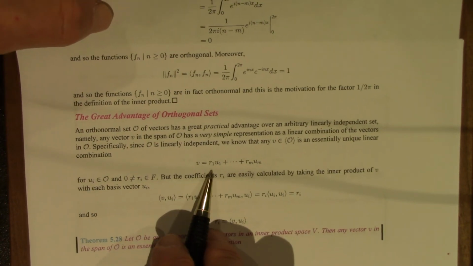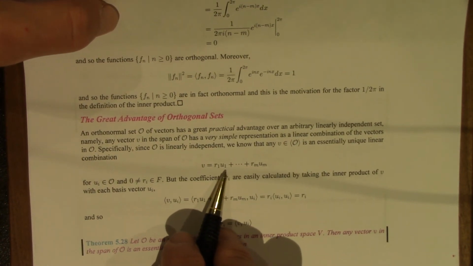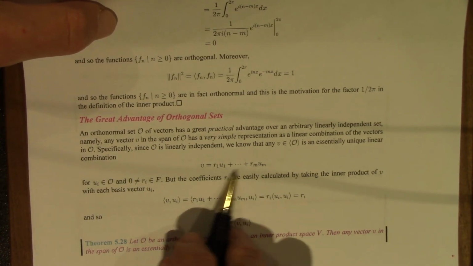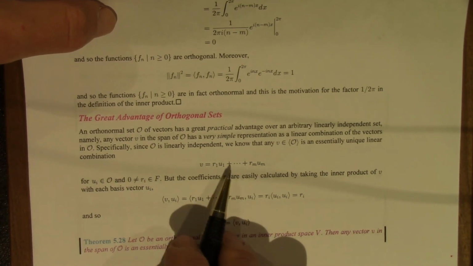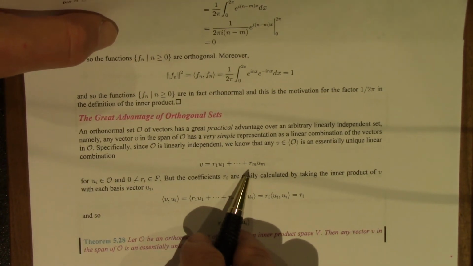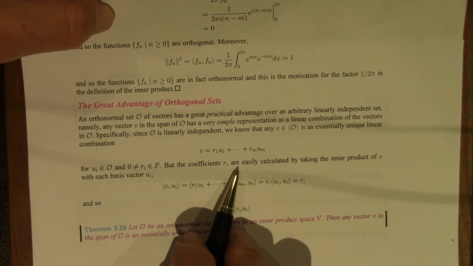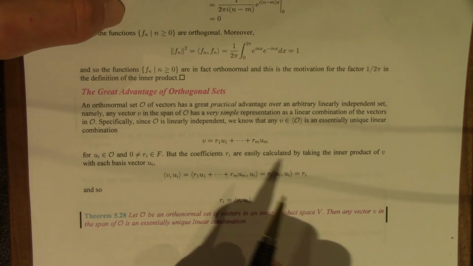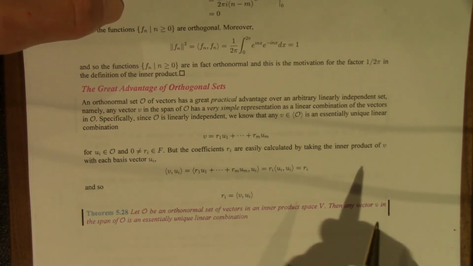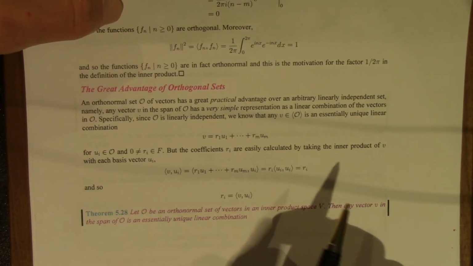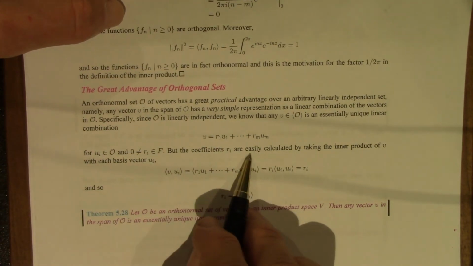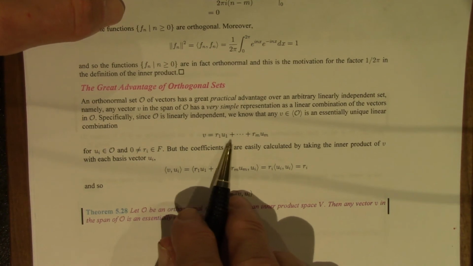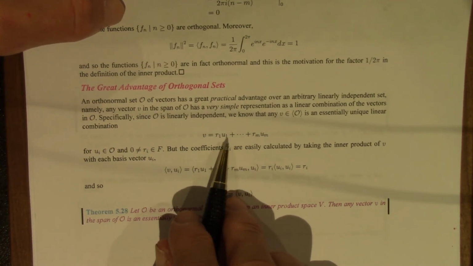Now, normally, if we didn't know anything more about the u's except they were independent, to find the coefficients would require solving a system of equations. But because we have an orthogonal set, or an orthonormal set, in this case, the coefficients r sub i can be computed in a very simple way.